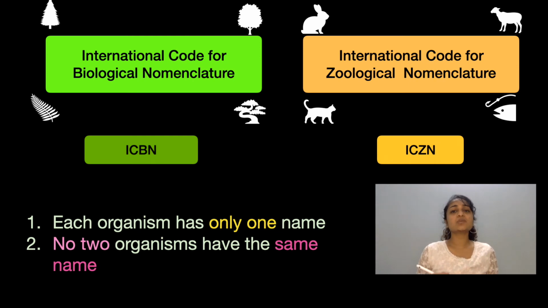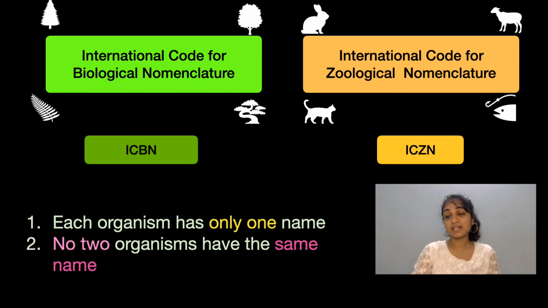So basically, to help with this process of naming living organisms, there are two books, you could say, or two codes for this process. One is the International Code for Botanical Nomenclature, and there's the International Code for Zoological Nomenclature.